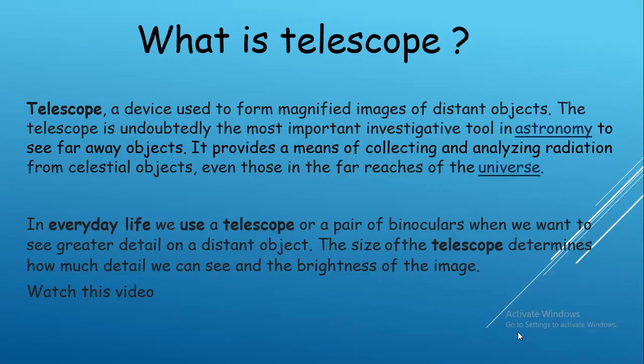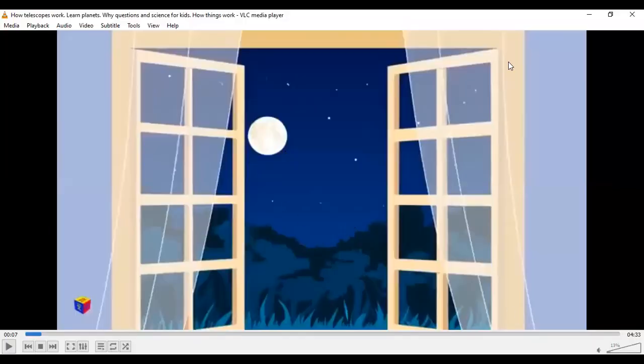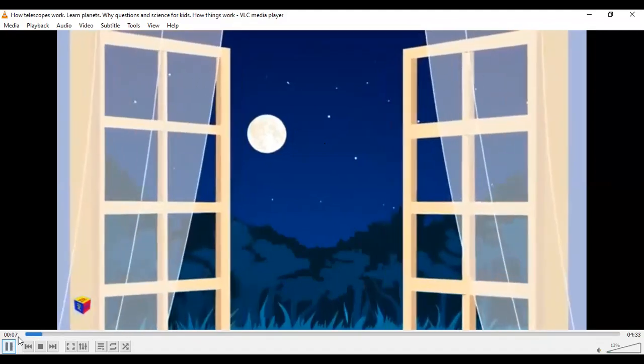Whenever you see a clear night sky, you see the moon and the stars, and sometimes we want to see them very close to us, bigger, and this can be done by using a telescope.